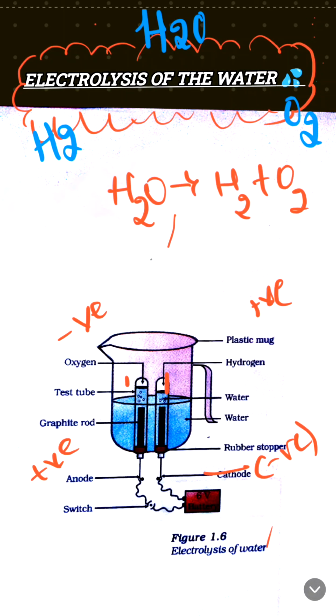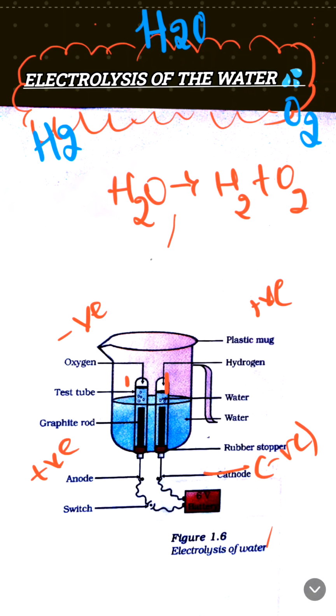If oxygen is collected, the candle will burn more, with a more intense red flame, because oxygen is unsaturated. Whereas if I take the burning candle towards the hydrogen gas, it will burn with a blue flame and also give a pop sound. The pop sound is a very important identification for hydrogen gas. It burns with a blue flame because hydrogen is saturated.